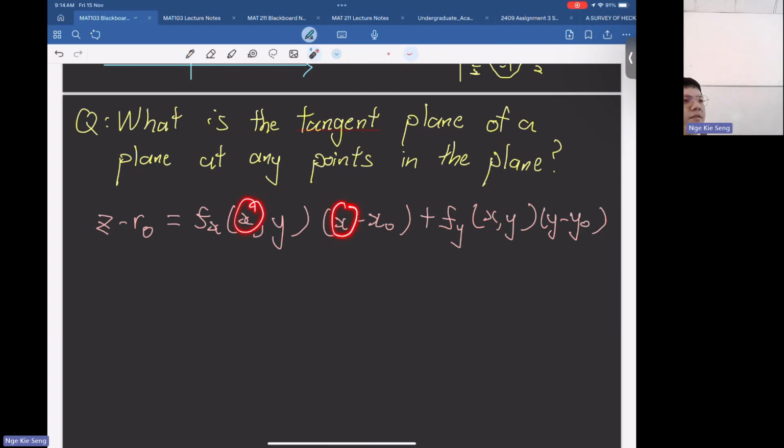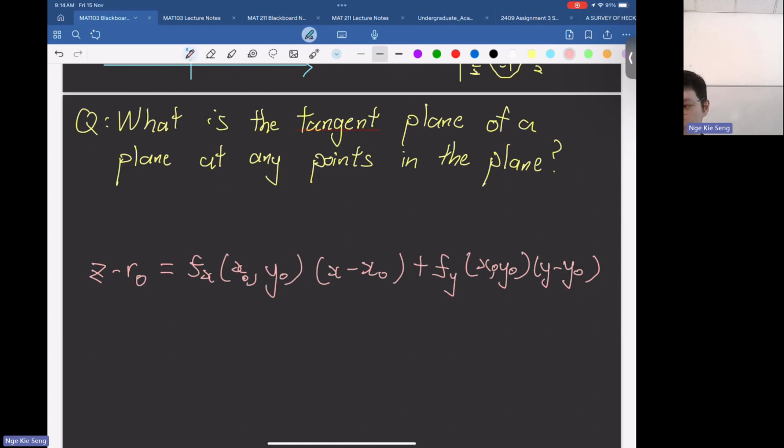This x is the same x. It's the same: x not, y not. Okay, so this is the point you pick on your plane. So let's call our plane L, give it a name, and then let's call any point P here. Okay, and then let P be this fixed point.